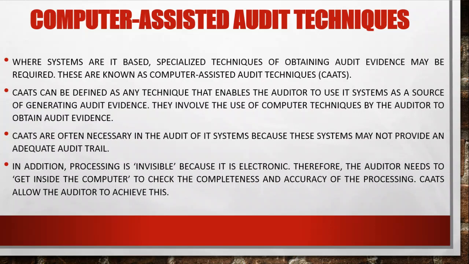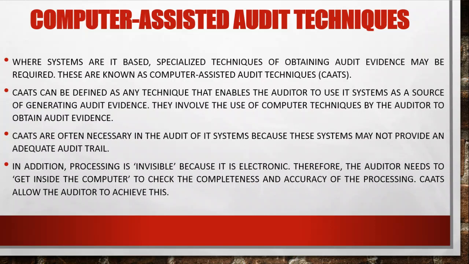CATs are often necessary in the audits of IT systems because these systems may not provide an adequate audit trail. So what is an audit trail? Audit trail simply means we should be able to see and follow a footprint from the beginning to the end. So how are we going to follow a footprint that we could not see?